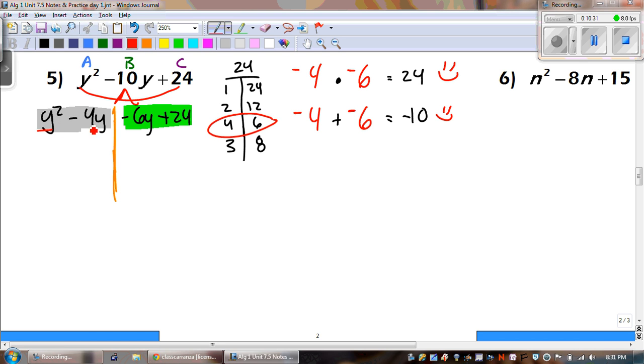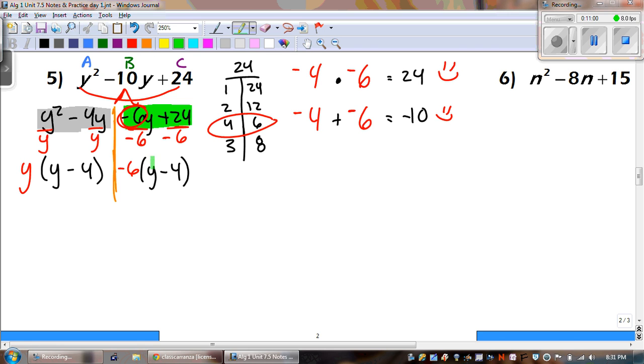So in the gray, we can take out a y. So the y comes out front, and we're left with y minus 4. Now, what's the GCF of the green? Now, it's not just 6 because our leading coefficient is negative, so it has to be a negative 6. And then we get y minus 4.